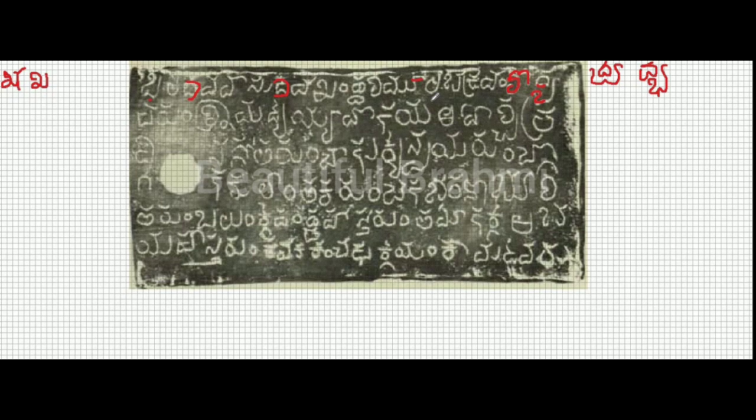Kayasthas largely attribute their origins to Chitragupta, Lord Yama's assistant. So this must be someone from one of the different Shudra Varnas. This particular Shasana has been presented to a person belonging to one of the Shudra Varnas.